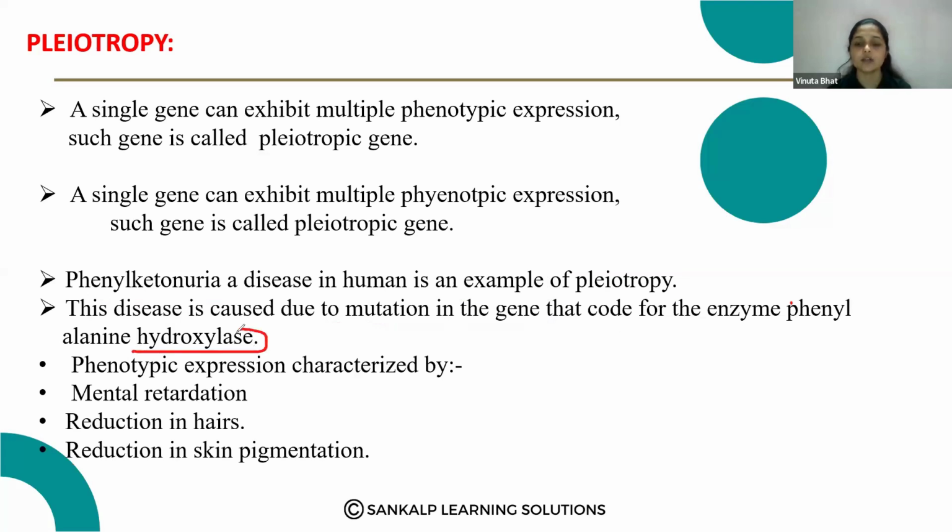So just imagine there is a mutation or change in the gene. This single change in the gene is responsible for multiple phenotypic expressions: mental retardation, reduction in hair, and reduction in skin pigmentation. These are some different phenotypic expressions caused by the single gene.